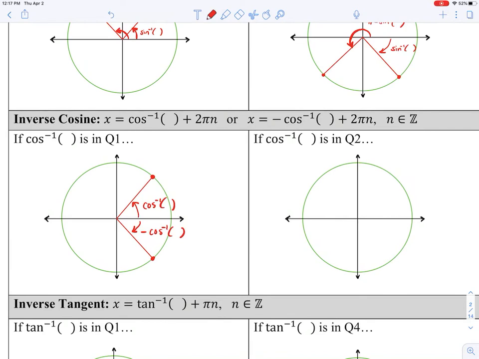And if inverse cosine is of a negative ratio, meaning that that angle would be an angle from quadrant 2, because remember, the range of inverse cosine is between 0 and pi. So if inverse cosine is of a negative ratio, that represents an angle from quadrant 2. Cosine is negative in quadrant 2. So that would be this angle.